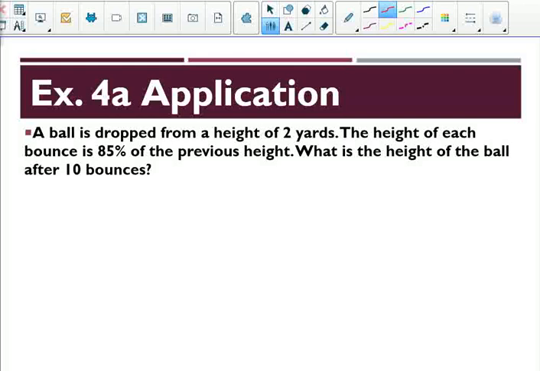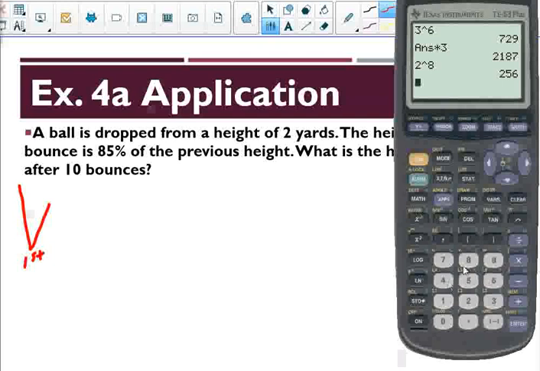So right now, the ball drops from a height of 2 yards. Then it bounces up. So this is the first bounce. And it goes up a certain height. It's 85% of the original height. So if we go to our calculator and we find out what is 85% of 2 yards.